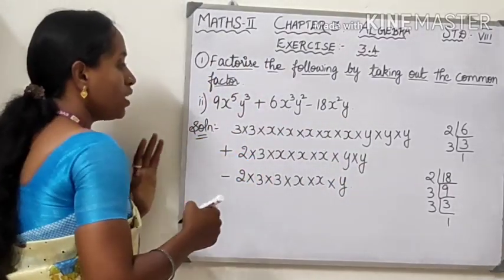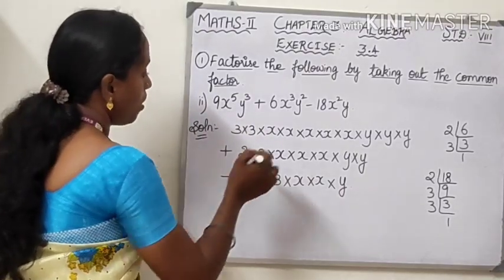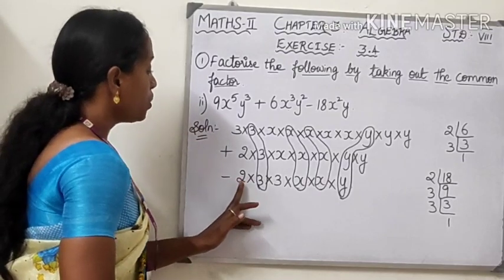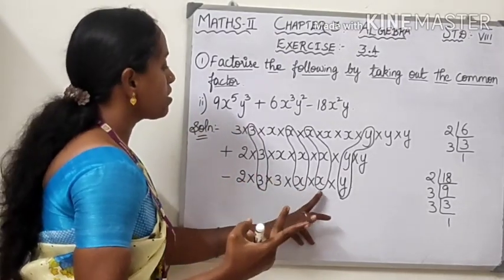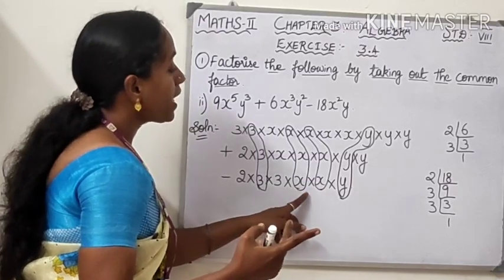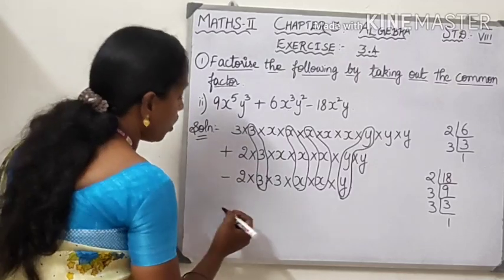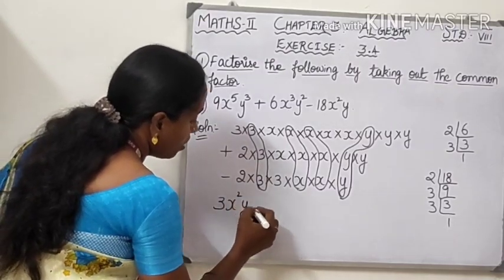So now we are going to just circle the common factors among these three terms. What is the common term here? It is 3, x we have circled 2 times. So it is x square. So 3 x square, and y we have circled only 1 time. So we can say that the common term is 3 x square y.